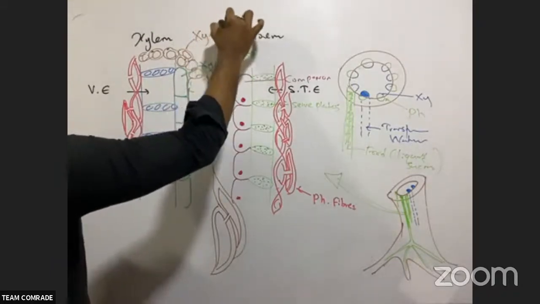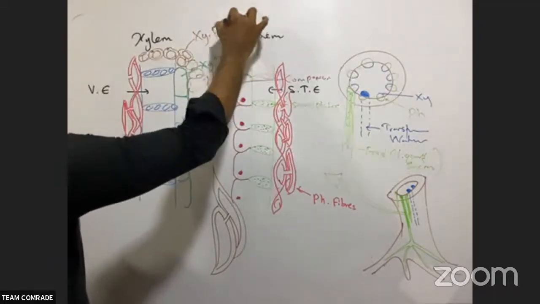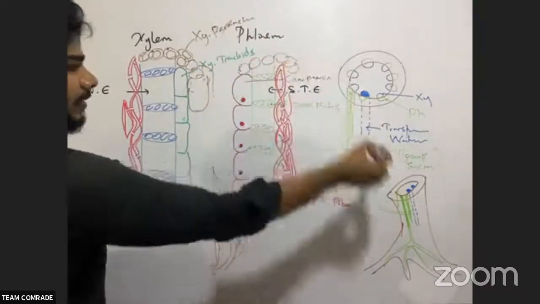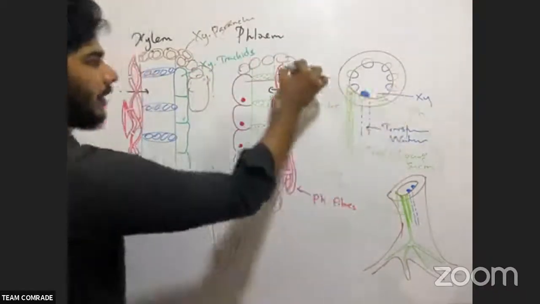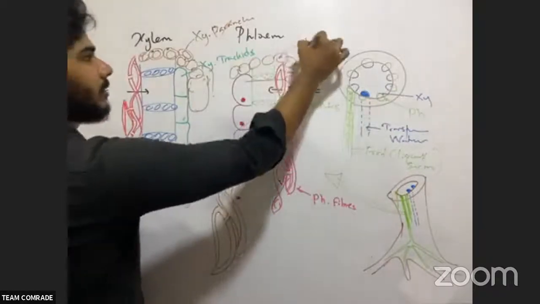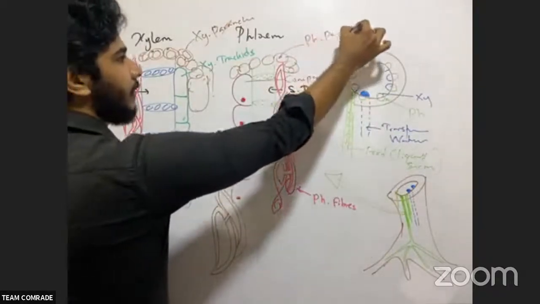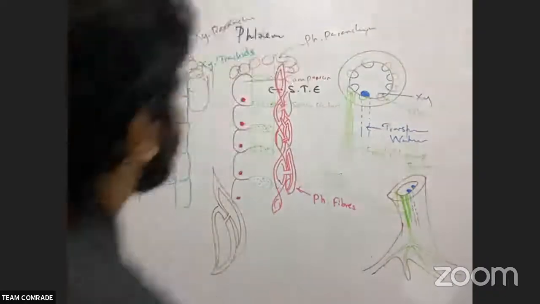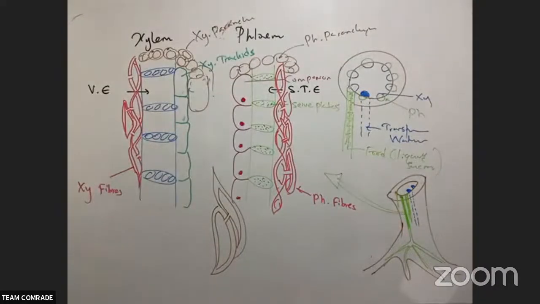Xylem parenchyma. We can find these surrounding the phloem also, and that we call phloem parenchyma.